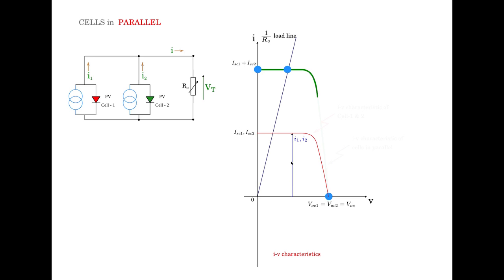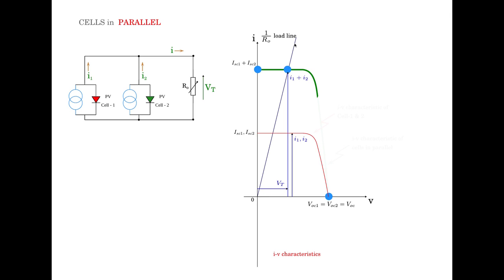You see that this arrow having I1 comma I2 of these two identical cells is the current at this point vertically, and you just add it up, I1 plus I2, and you will get the current at this operating point. And this distance is the voltage, which is the terminal voltage also, across each of the individual cells. So that is Vt.